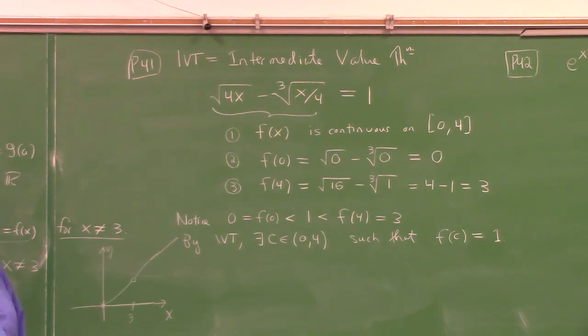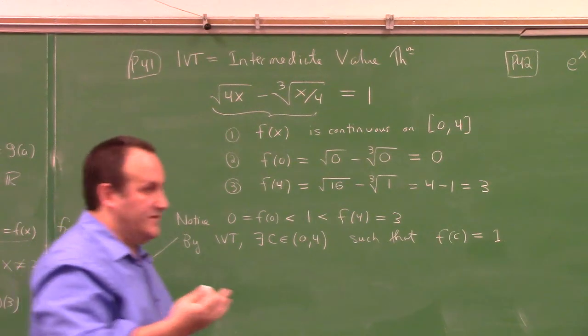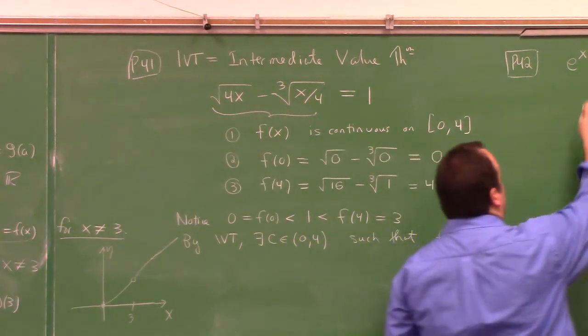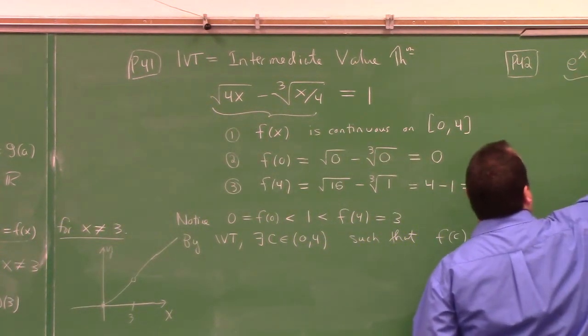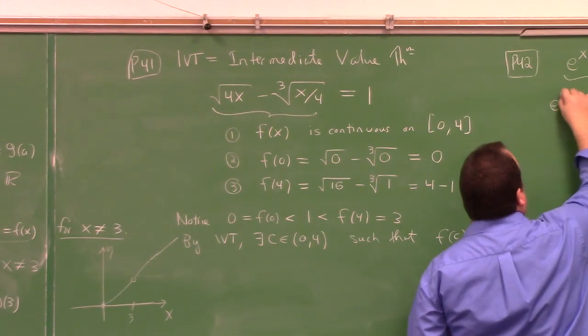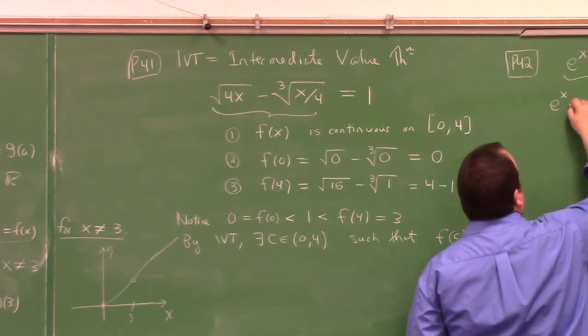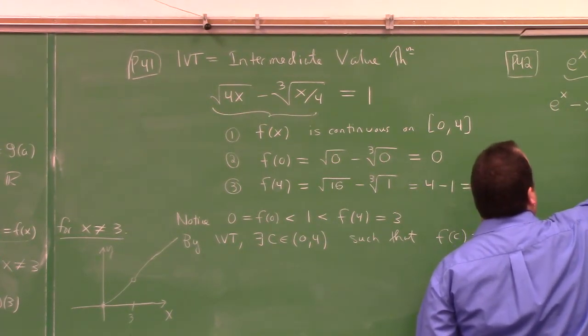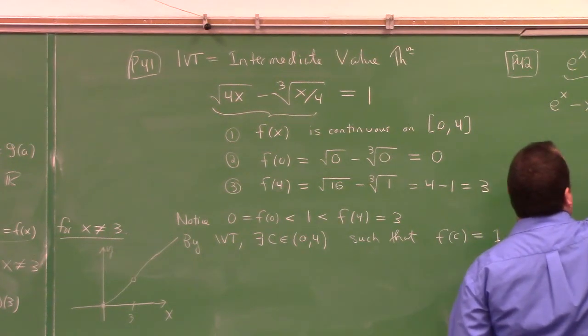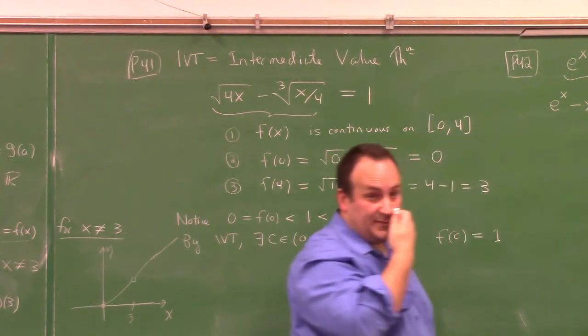This is an intermediate value problem, but we have to use a little trick. We take the given problem and convert it to one about a function. I can convert this to e to the x minus x to the 4th equals 0. If I can solve that equation, I can solve the equation above.